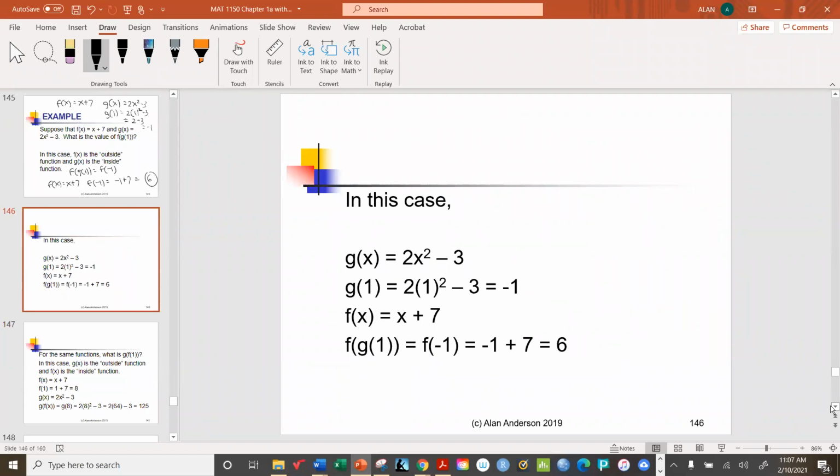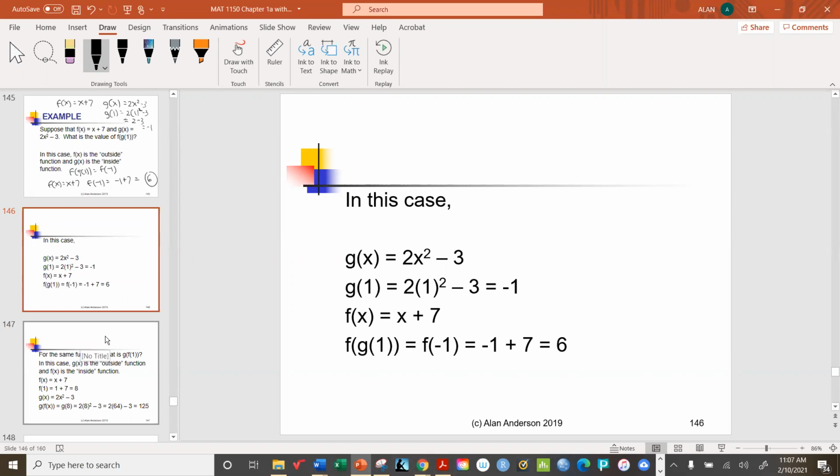So what we did was we substituted 1 for x in g, and then only then did we replace our x's with negative 1, and we wound up with 6. Okay, so it's fun to create these functions, but ultimately what we really are probably looking for is a specific result, depending on what we're trying to do.